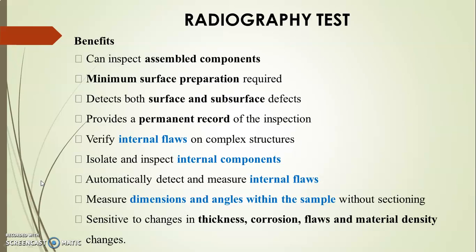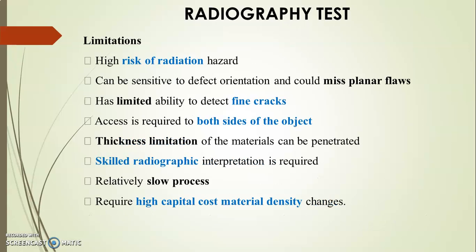Coming to the limitations of the radiographic test. As we are using X-rays and gamma rays, there is a high risk of radiation hazard. Then it can be sensitive to defect orientation and could miss planar flaws, as it is sensitive to defect orientation.